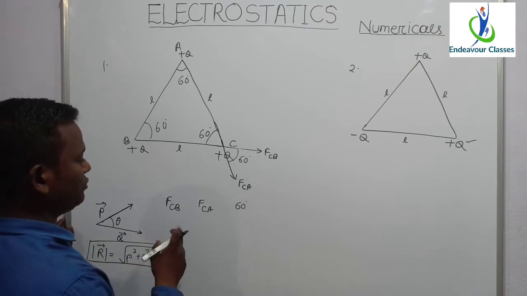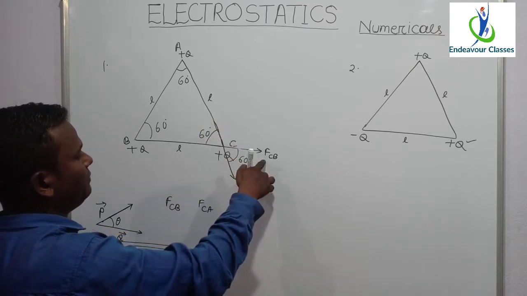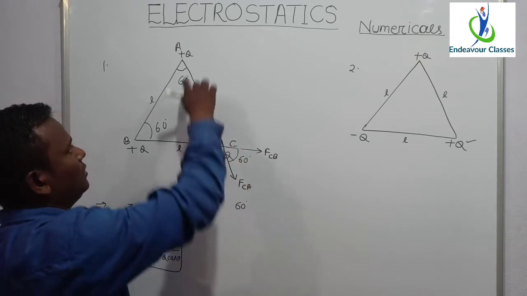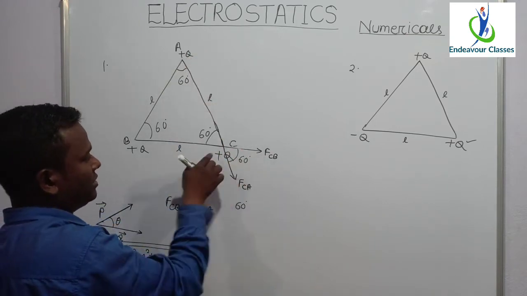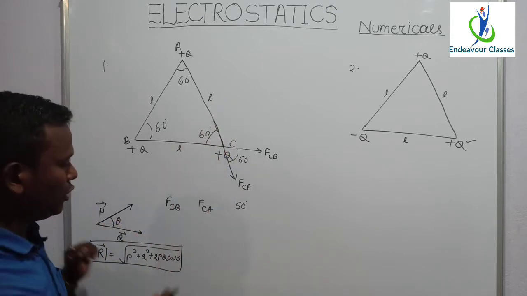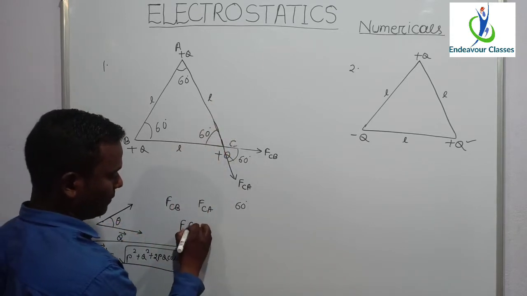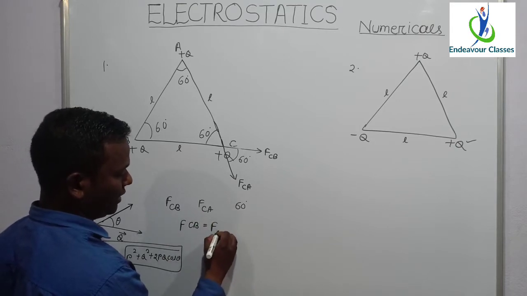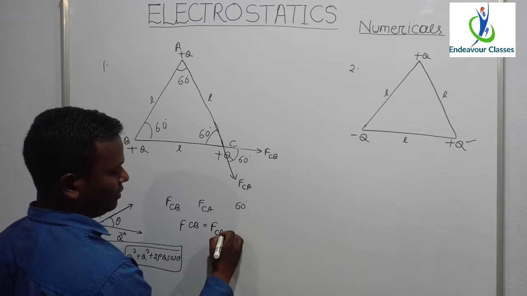But you see, in both these forces, FCB and FCA, the charges are plus Q and plus Q, and the distance in both the cases is the same, L. So the magnitude of FCB will be equal to the magnitude of FCA.